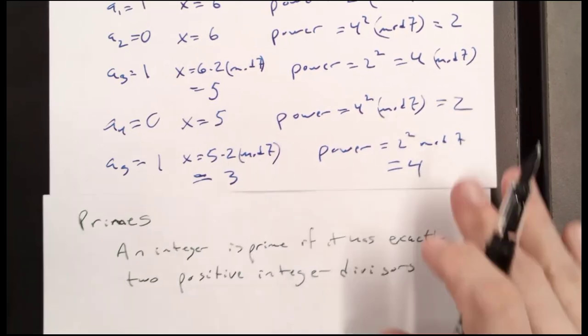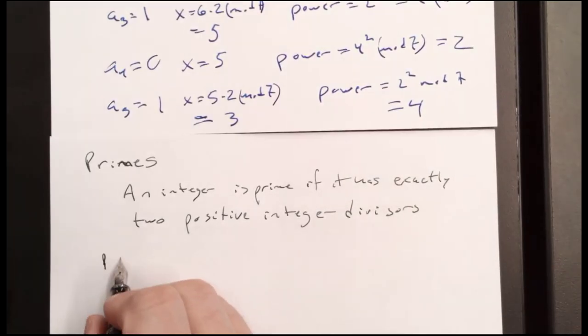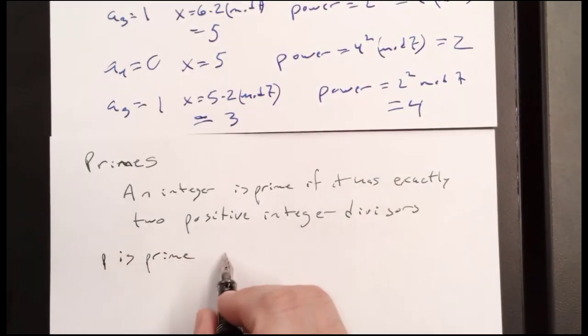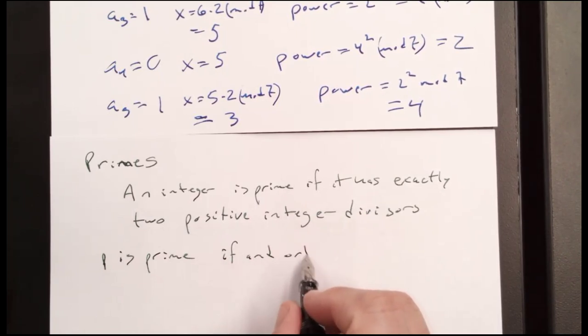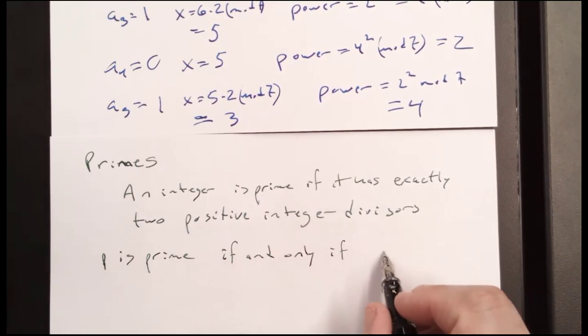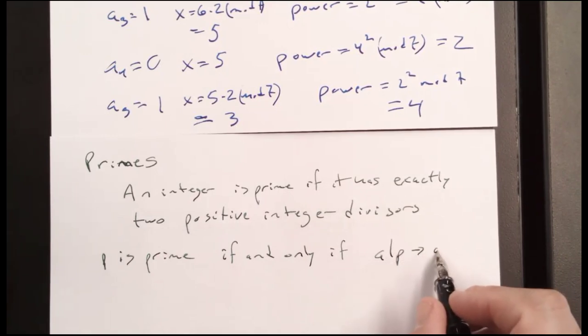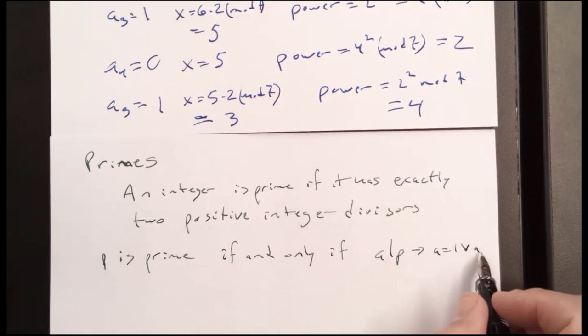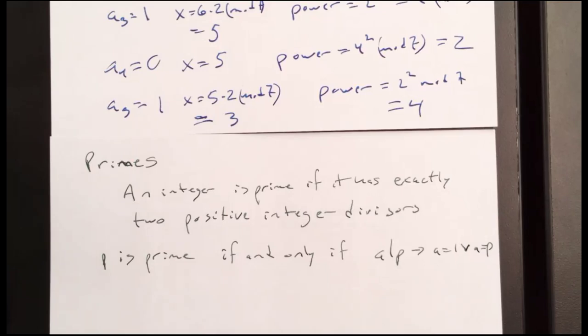Another way to say this: A and P are both positive integers. P is a prime integer if and only if, where A is a positive integer and P is a positive integer, A is either 1 or P if it divides P.